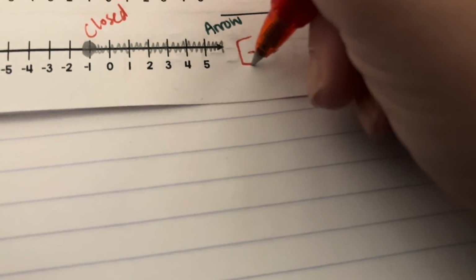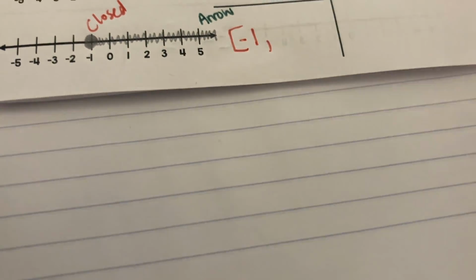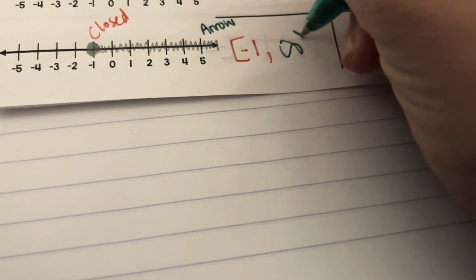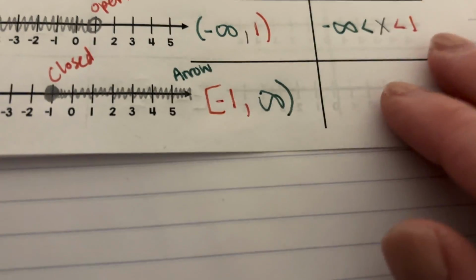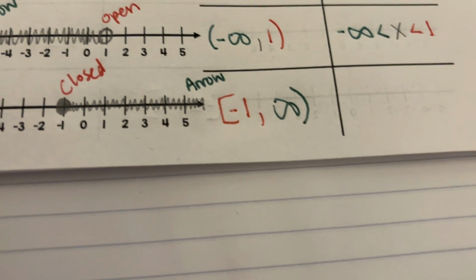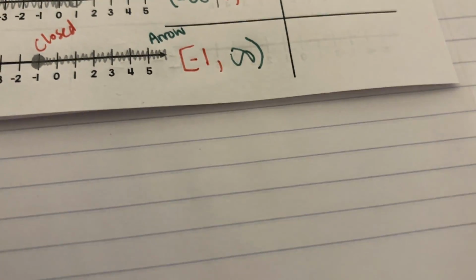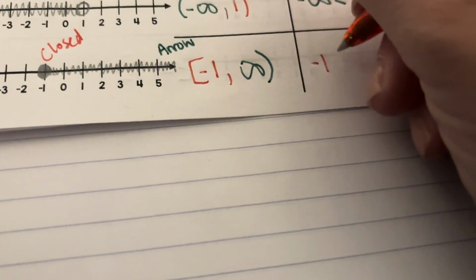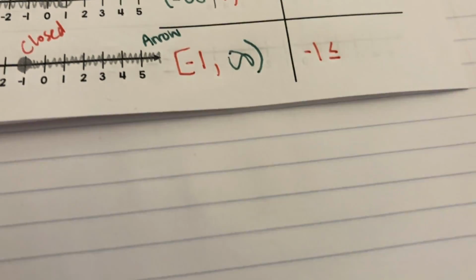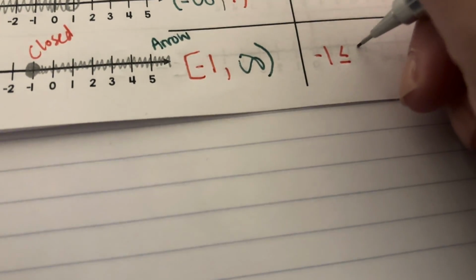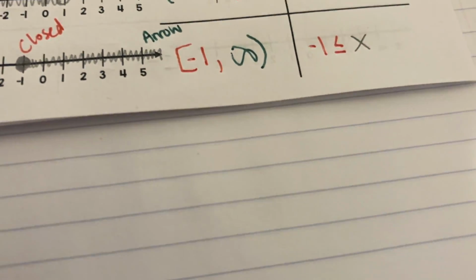So we have a closed dot at -1, square bracket, comma in between, and then our arrow is going towards the positive, so I use a positive infinity, and it's going to be round because it's not included. It's technically considered open because you can never reach it. And then we got the -1 again with the mouth with the half equal sign, or in technical terms, less than or equal to.